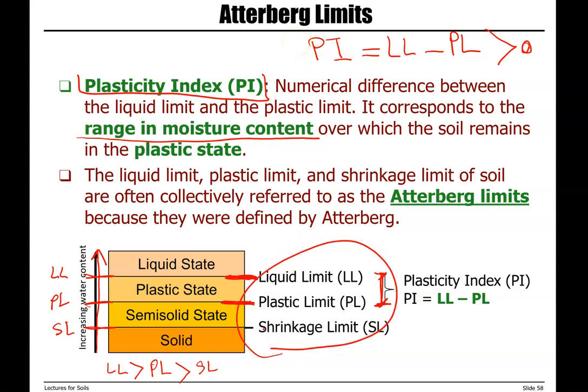These are called Atterberg limits. That's the name of the person who developed these limits and these tests, and we refer to these limits as Atterberg limits because they were defined by a person named Atterberg.